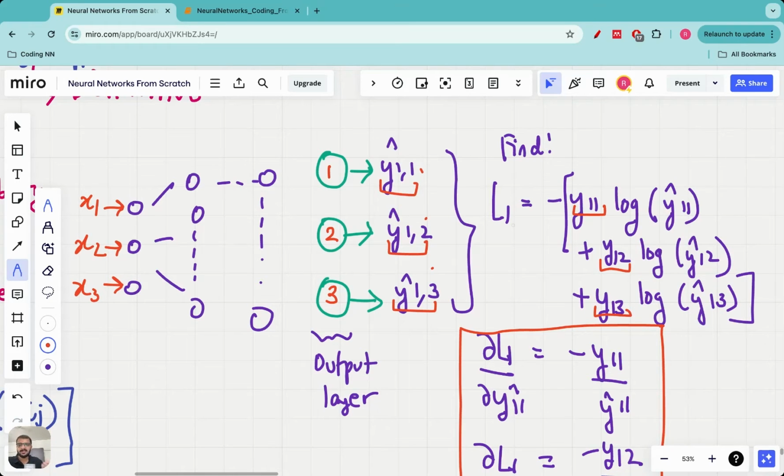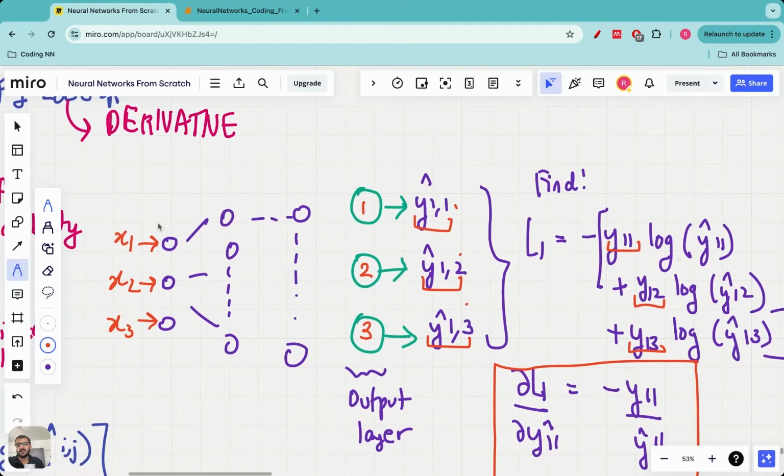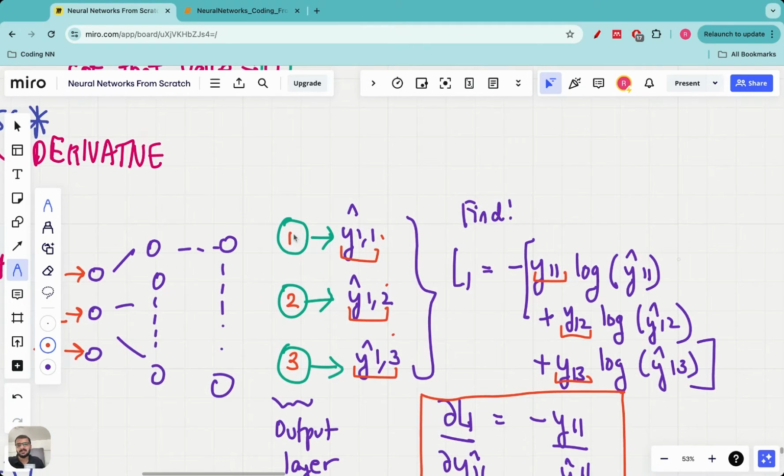Now, usually, since this is a classification problem, let's say for these set of inputs, the true class is the first class. So the true labels will look something like this. Y11 might be equal to 1, Y12 will be equal to 0, and Y13 will also be equal to 0. Usually, this is how the true labels look in classification tasks.